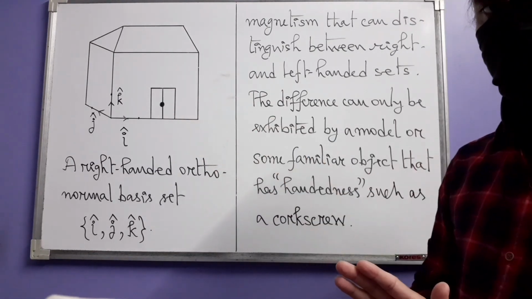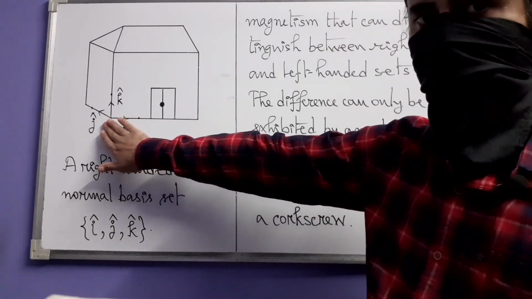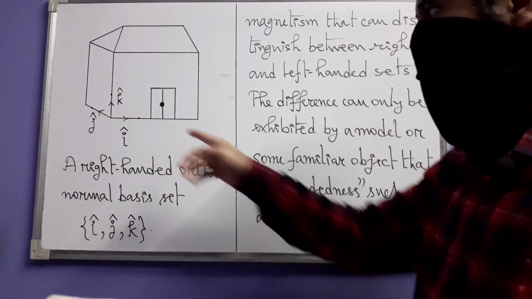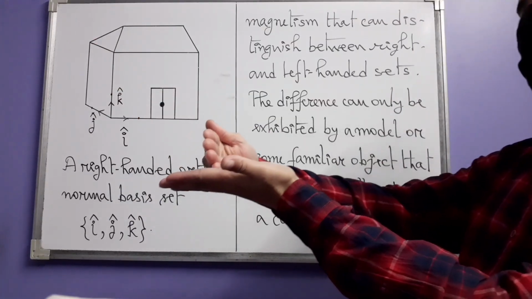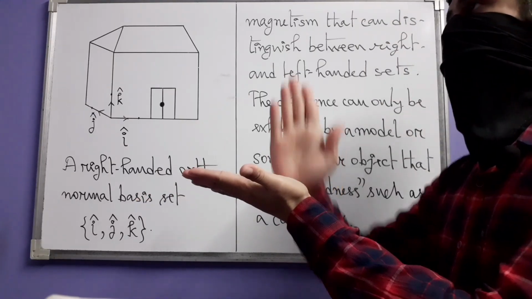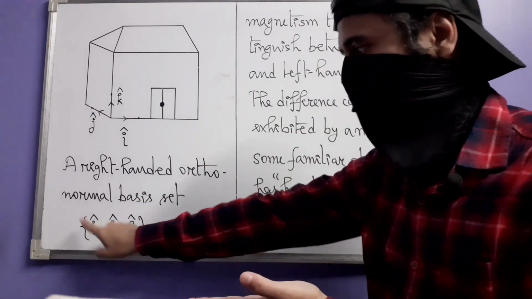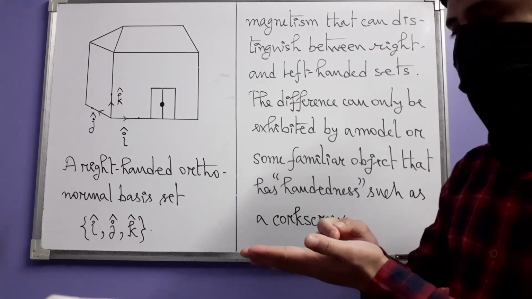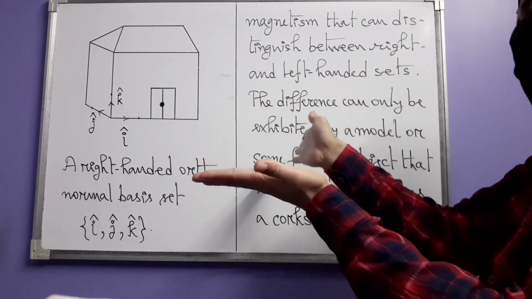You cannot see it in this diagram, but you do understand that i is like this, j is like this, and k is like this. So you follow the order, say you start from i. So this is your i and this is your j.